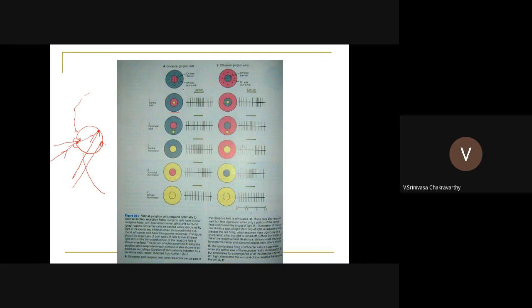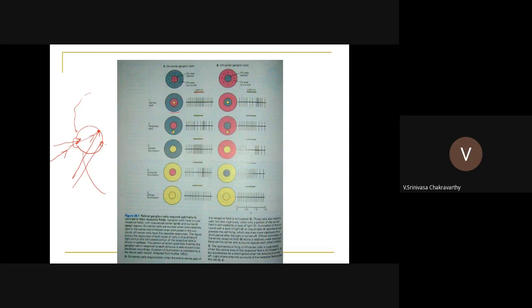So this is the background firing. This dark bar shows the time during which the stimulus is presented. Before that, there is background firing. It's firing all the time. But when the light is shown in this region, there is a slightly increased firing.